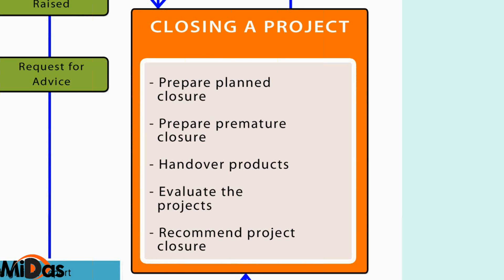Because this product is not complete, you might need to invest so much more cost or so much more time to complete this product. So you hand over the products, you evaluate the project. Now, how do you evaluate? You had lots of assumptions in the project plan.